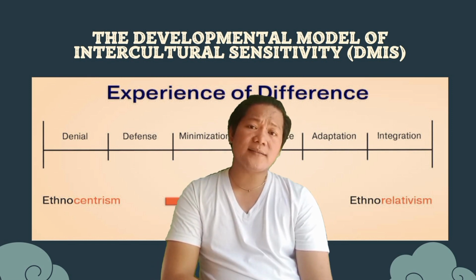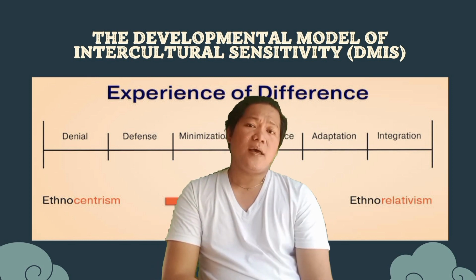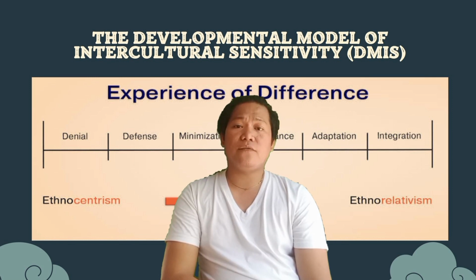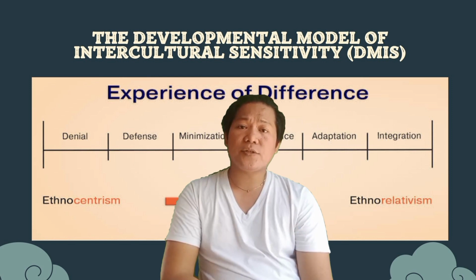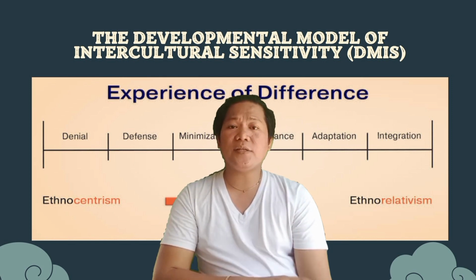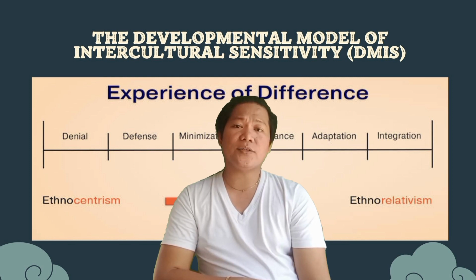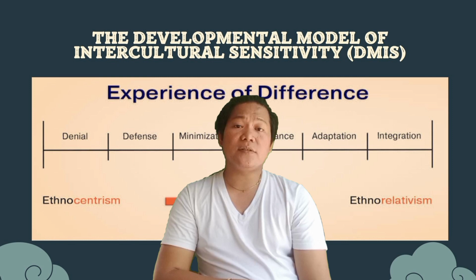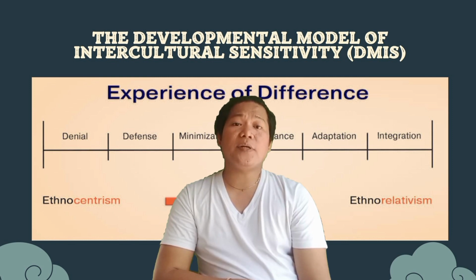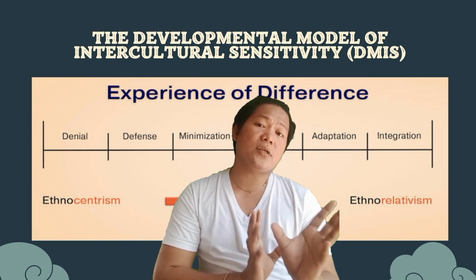So next we have the acceptance of difference, which measures a worldview that can comprehend and appreciate complex cultural differences. While adaptation to difference identifies the capacity to alter one's cultural perspective and adapt one's behavior so that it is appropriate in a particular cultural context.